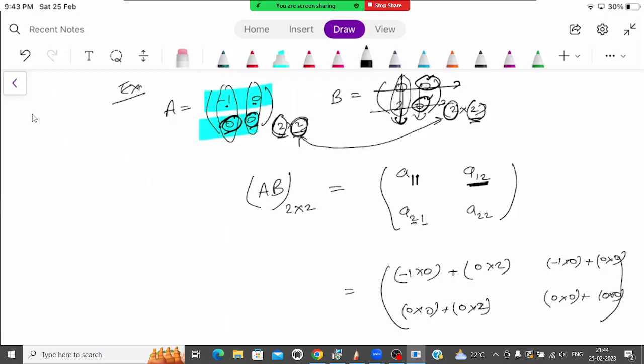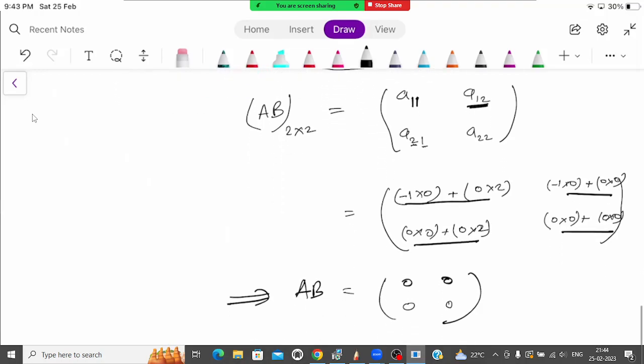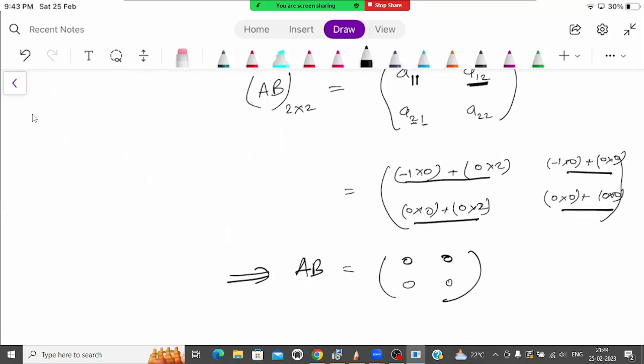So we are getting here 0, this total is 0, this total is also 0, and this one is also 0. So we are getting the AB matrix as the 0 matrix.